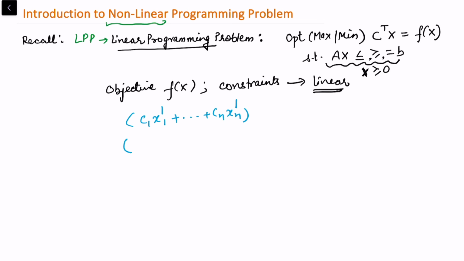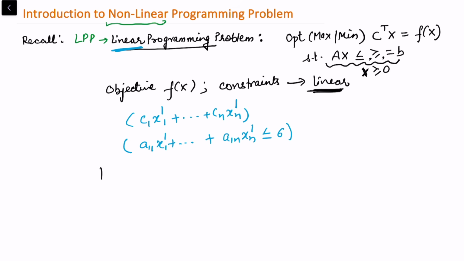Similarly, in the constraint, we can say the constraint has some coefficients. So something maybe I'm just denoting by a11 x1. These are the coefficients of the constraint. And then we can have a1n xn, and suppose the constraint is less than or equal to some b. So we can see the constraint also has degree 1. That is why we call this a linear programming problem, because everything in the problem is of linear structure.